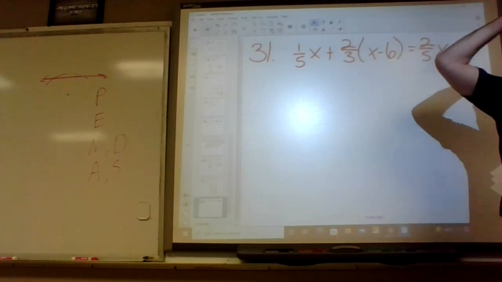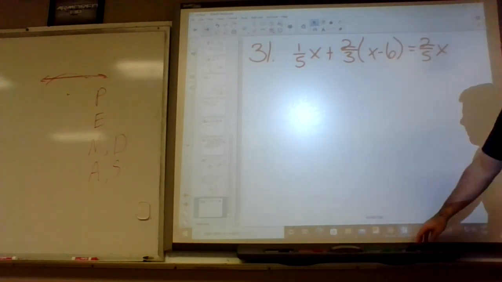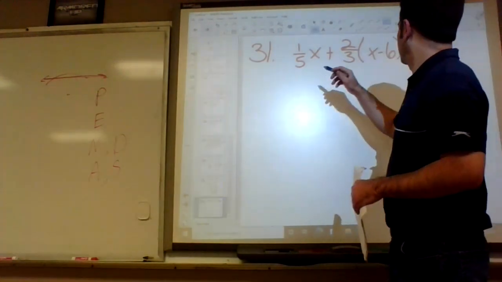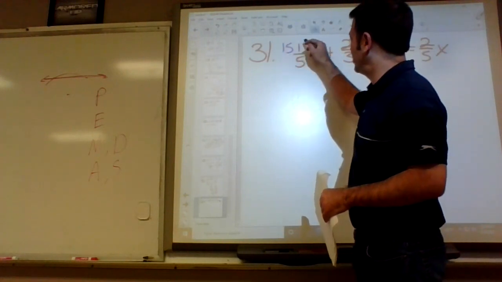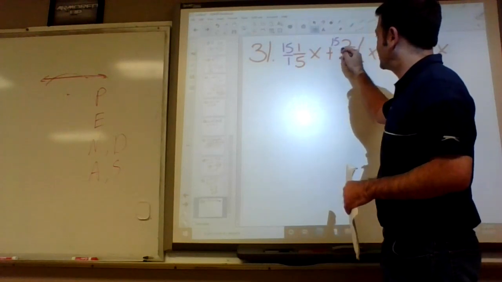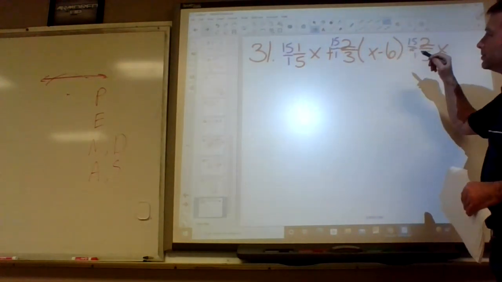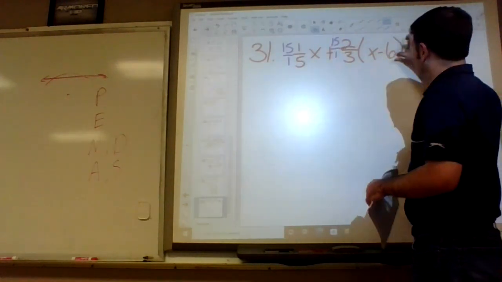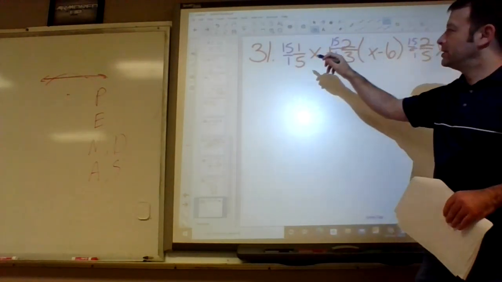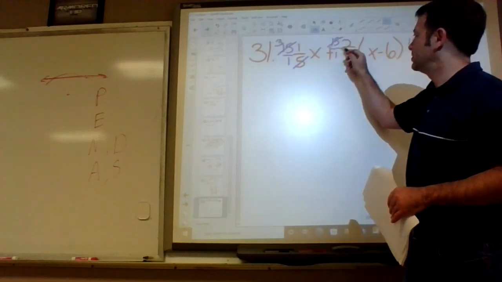What's the common denominator? It's 15. So if you multiply all terms on both sides by 15, that's legal if you do the same thing to both sides. Then they all reduce with the denominators, so that becomes a 3, that becomes a 5.